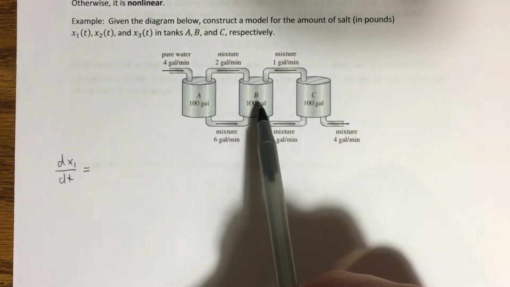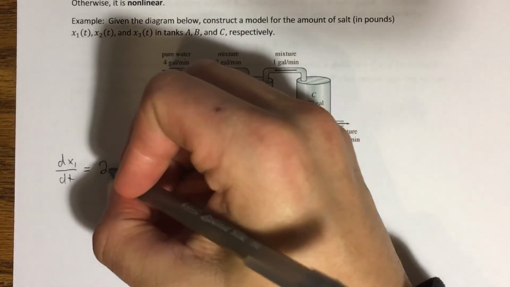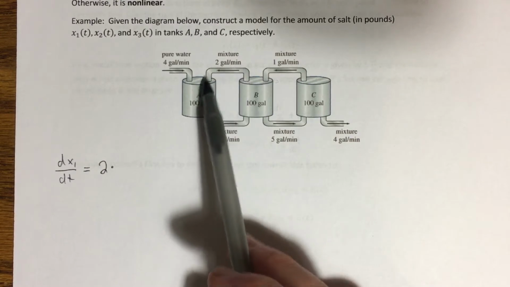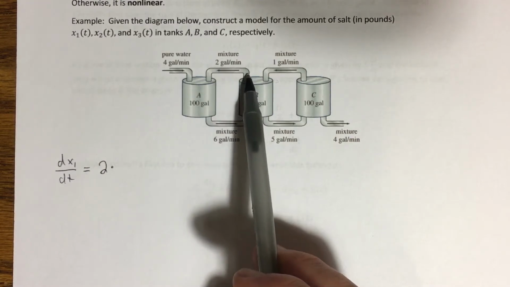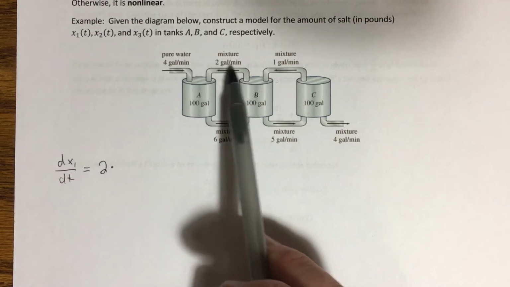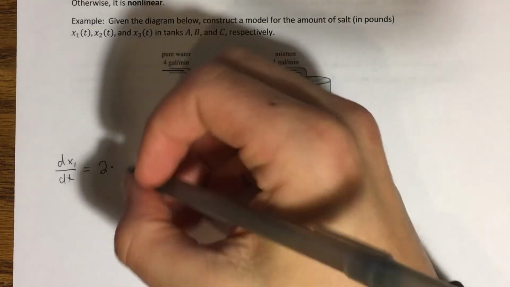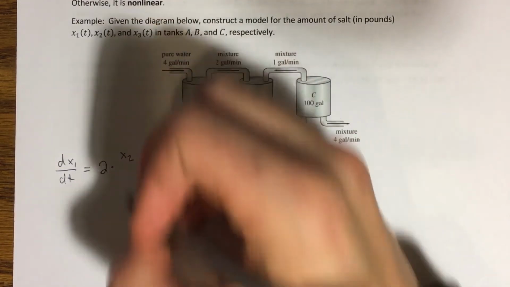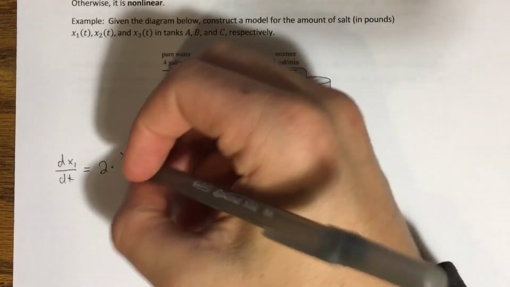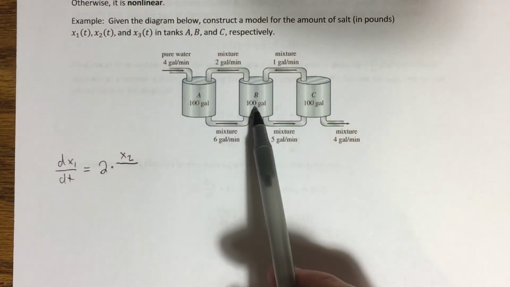So here, our rate of flow is 2 gallons per minute. But what is the concentration of salt in this mixture? Remember, the 2 gallons per minute is just the rate of flow of the solution itself. It's not telling us how much salt is here. Well, it's pulling that solution from tank B, and tank B has, at any given time, x2 pounds of salt in it. That's what x2 represents. Its concentration then would be x2 divided by the volume of that tank.